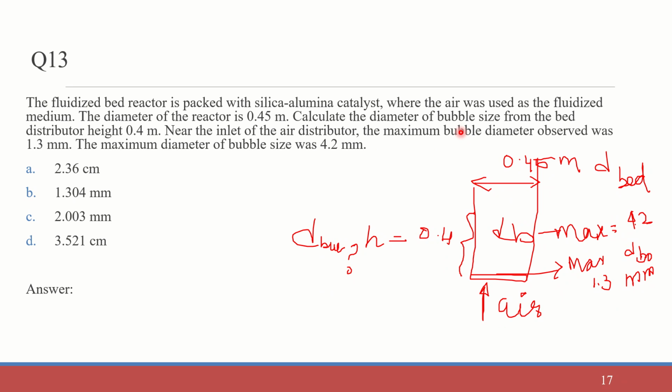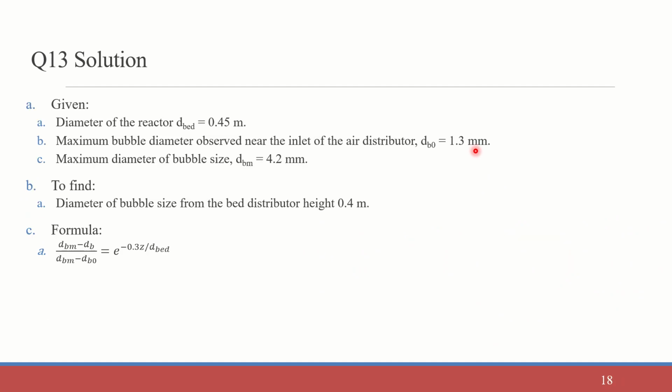The bubble size near the inlet of the air distributor is given, and the maximum bubble size inside the bed is also given. So we have just substituted in this particular formula and got the right answer. dB we have found out as 2 mm. So that is this particular question.